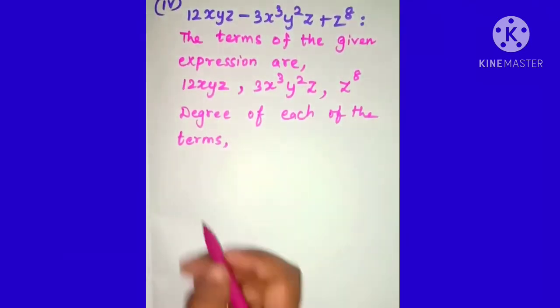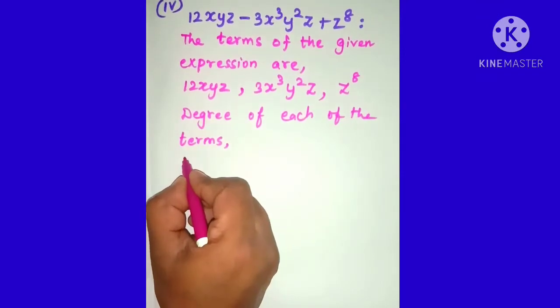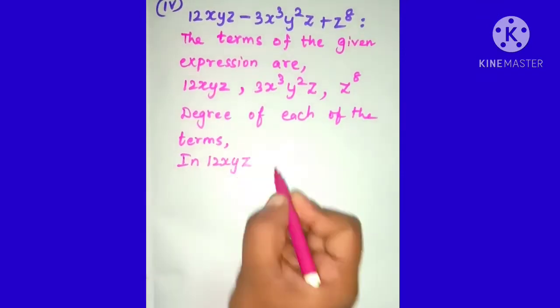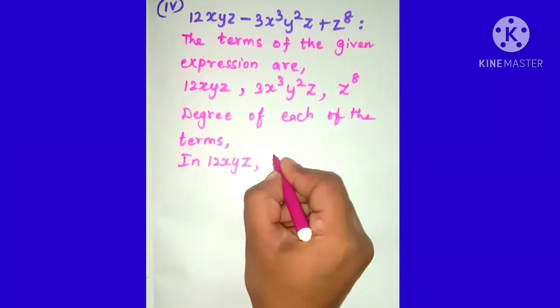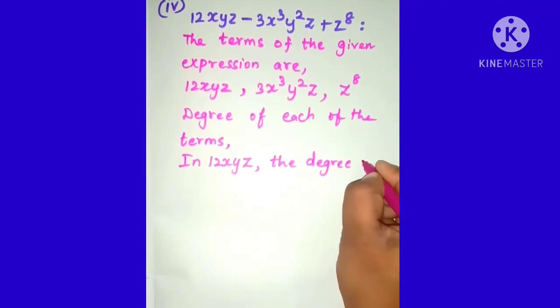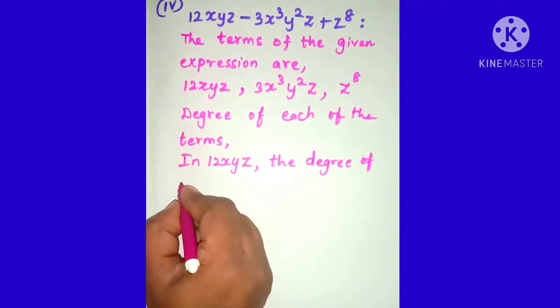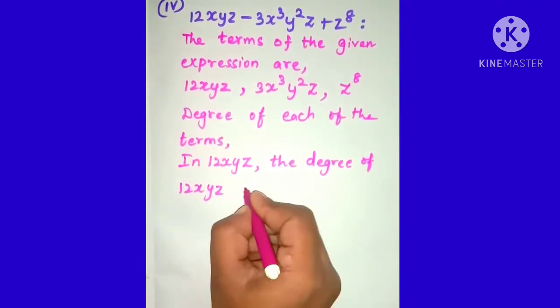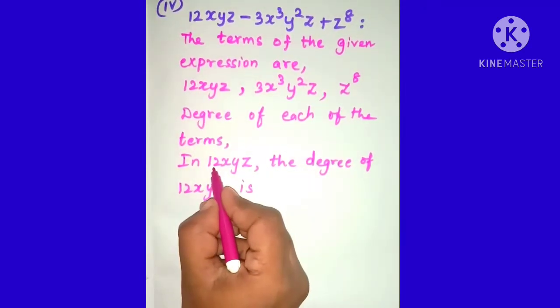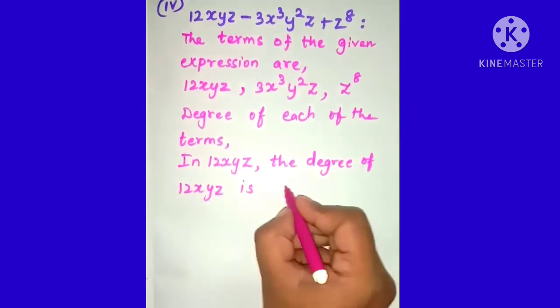The first term, 12xyz. What is the degree? How to find it? The degree of the constant value is 0.